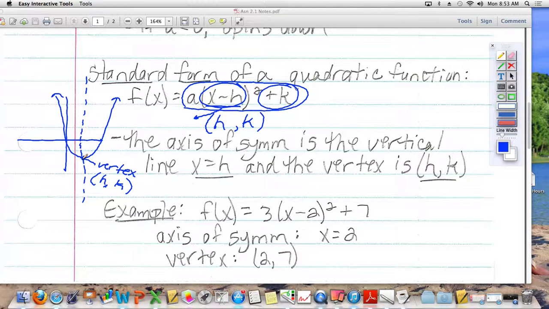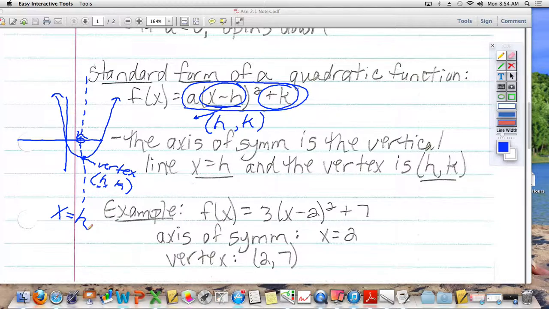Well, this line right here is a vertical line, and you guys know, hopefully from last unit, that the equation of a vertical line is always x equals whatever number it is, wherever it crosses the x-axis. Well, in this case, where does it cross the x-axis? It crosses right here at h. So x is equal to h. That's where that comes from right here. The axis of symmetry is always the x value of your vertex. Yes?